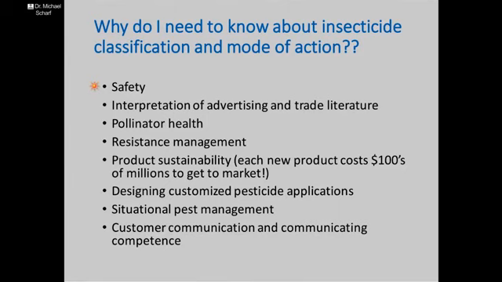Some insecticide modes of action have lower mammalian toxicity than they do pest toxicity, and for some it's the reverse. Knowing that about the products we're working with can help us use them more safely and in the right situations. Of course, the label dictates a lot of that too, but we can carry a little extra knowledge into that decision as well.